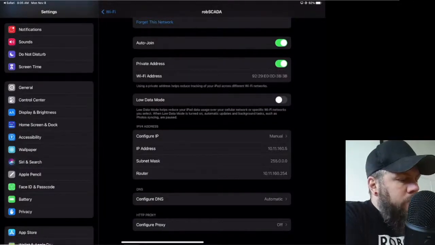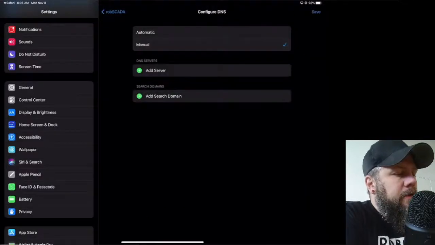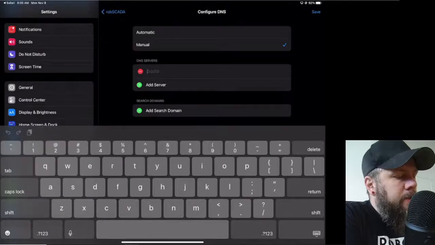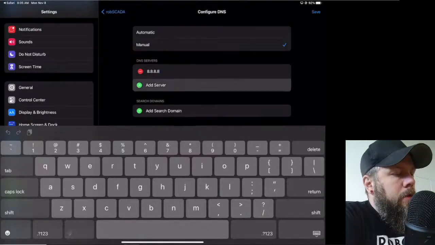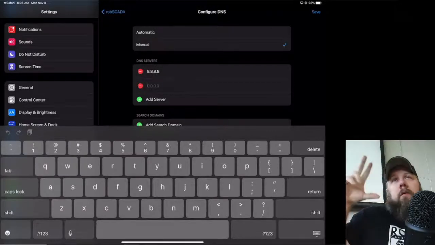But if I want to actually get out to the internet, there's DNS, which is a domain name server. Basically imagine this is a phone book. Facebook.com does not have, like, an address of its own.